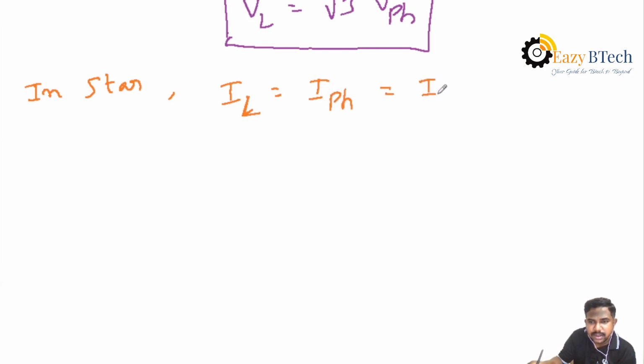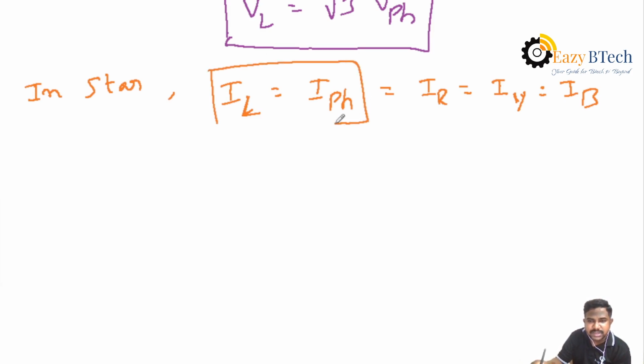That means IL equal to IR equal to IY equal to IB. All currents are equal here. Why? Because we are considering a balanced system. The relation between line current and phase current in a star system is that both are equal, because there is no connection between the lines. That's why all currents are equal.